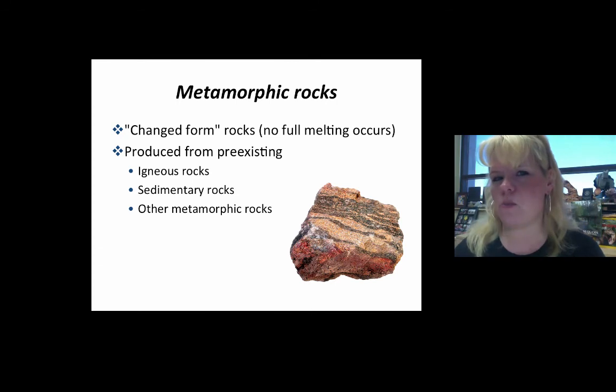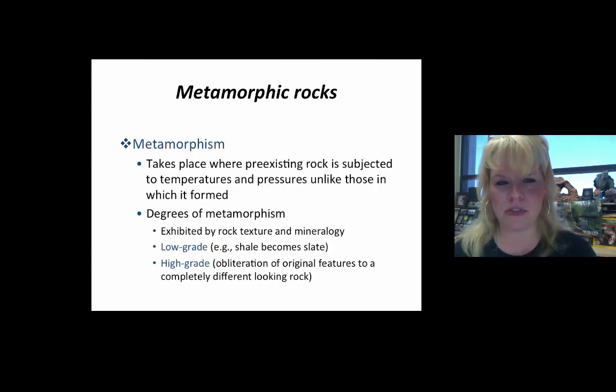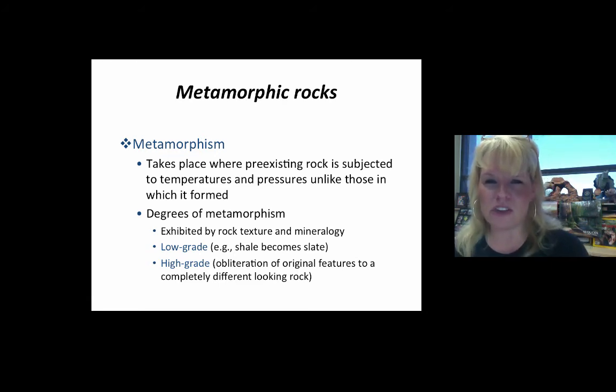A majority of metamorphism happens subsurface. On a very rare occasion, it can happen at the surface. Let me give you a surface example. Let's say we get a 6-mile wide meteor that smashes into the Yucatan Peninsula at Chicxulub, Mexico. That happened at the end of the Cretaceous period and is thought to be a contributing factor for wiping out non-avian dinosaurs, which basically means dinosaurs as you know them.